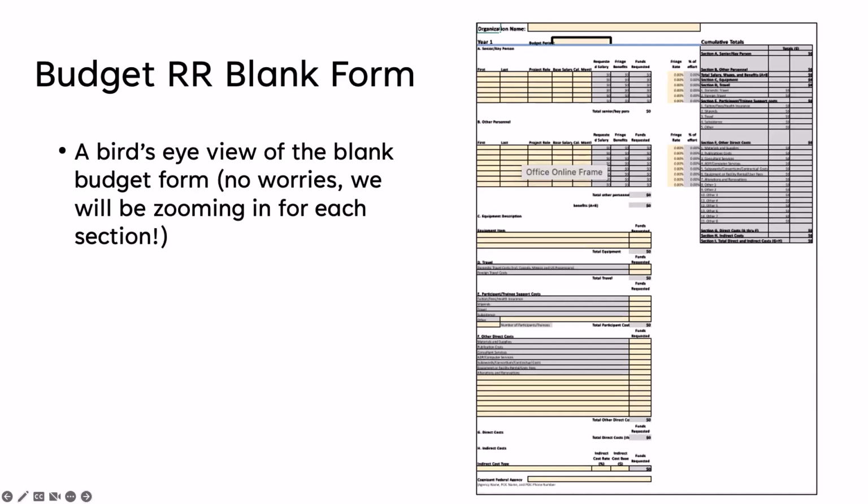So just starting off, you do not want to insert anything into the gray shaded cells. And I might mention this later on again, because those are the cells that auto-calculate in this modifiable form. So you only want to be entering information into the light goldish yellow cells, not the gray ones. So hopefully that's a little bit clear. And again, we'll be zooming into each section in a second, but it might be helpful to have it open as well.